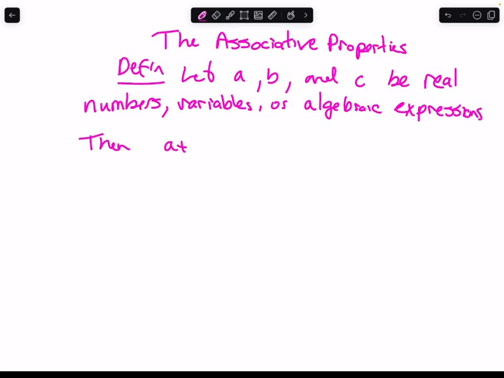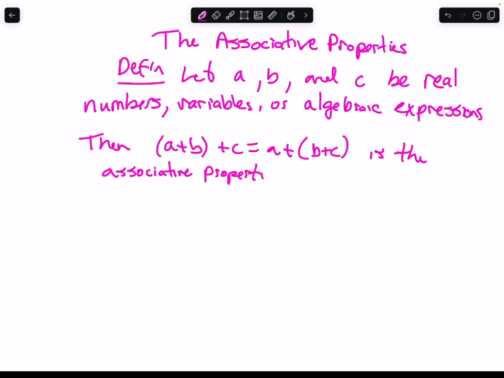Then the quantity A plus B, plus C, is equal to A plus the quantity B plus C, which is the associative property of addition.